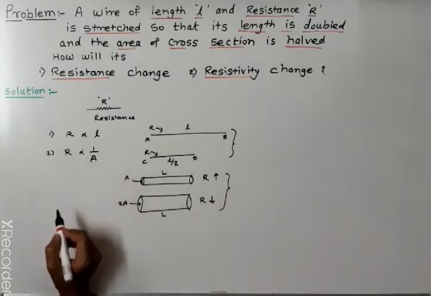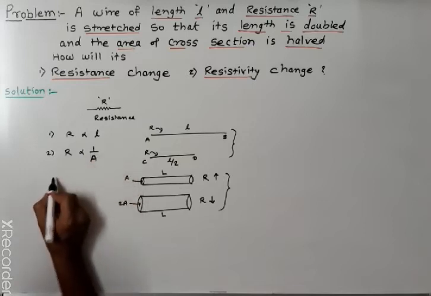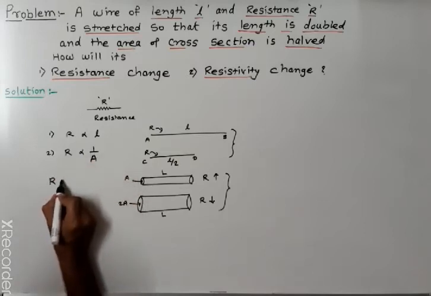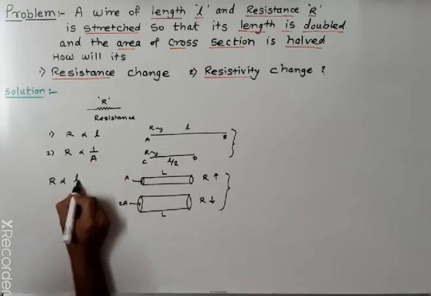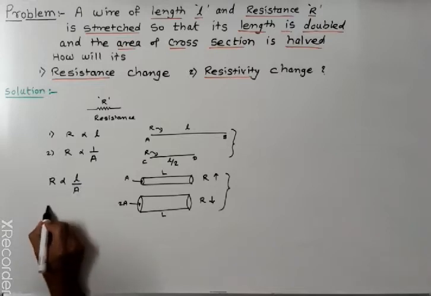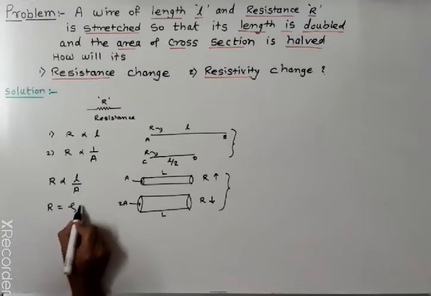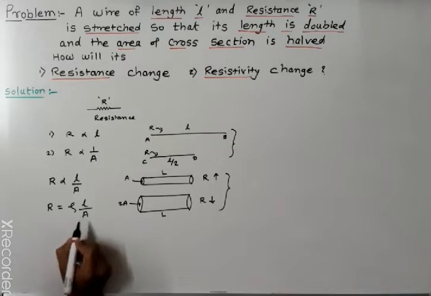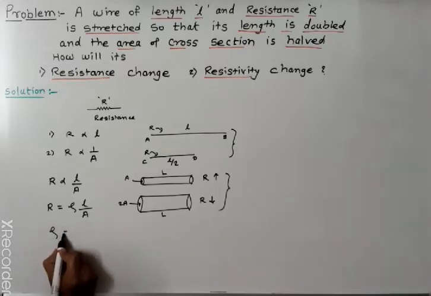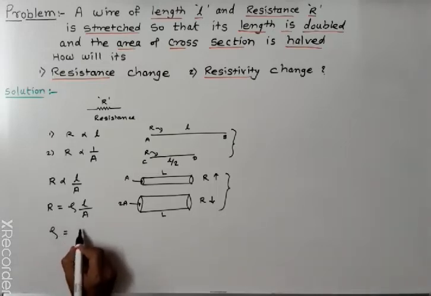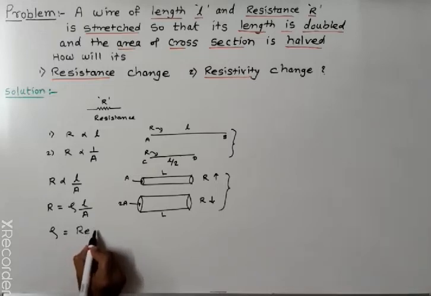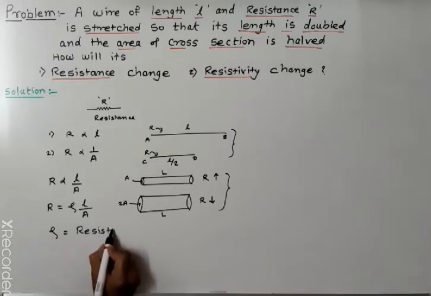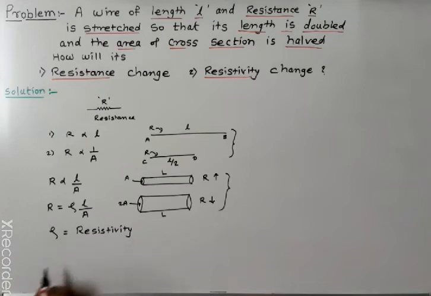From these two things we can write R is directly proportional to L upon A, or R is equal to rho L by A, where rho is a constant, also called the resistivity. Resistivity is the property of the material.